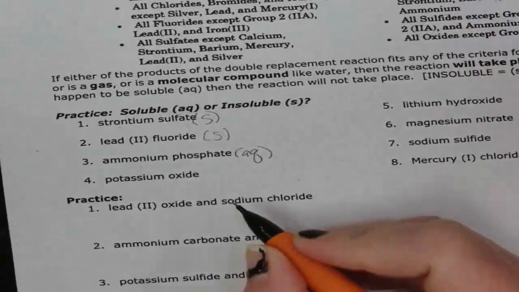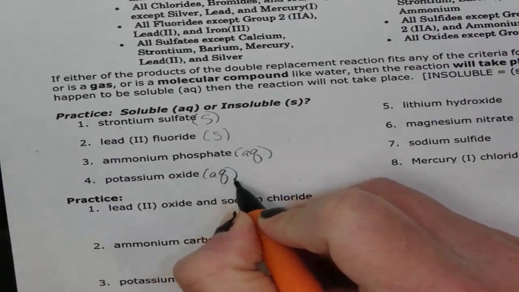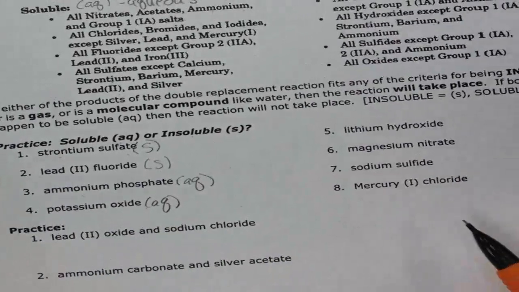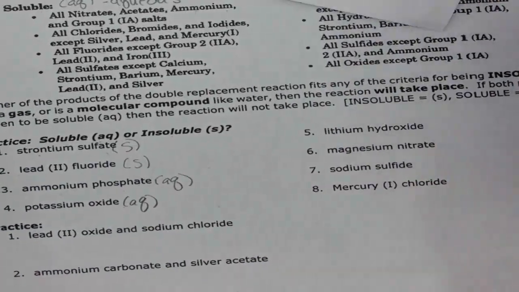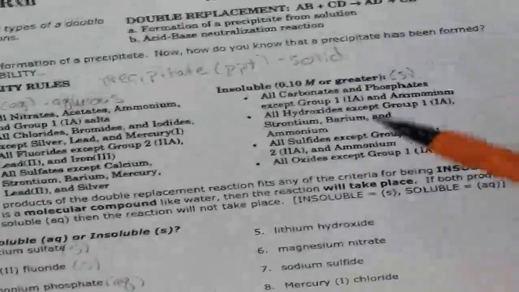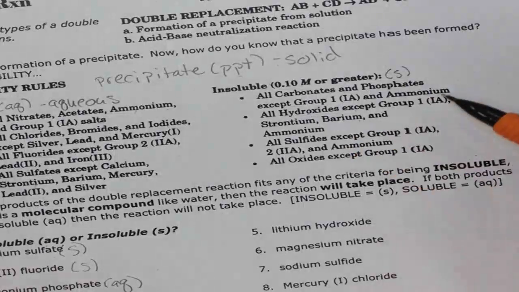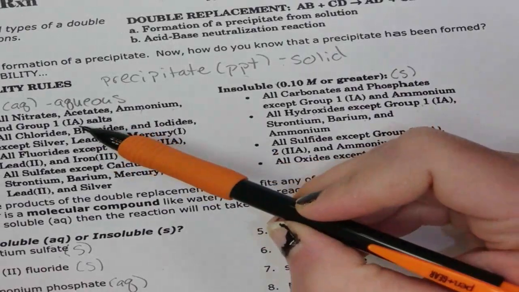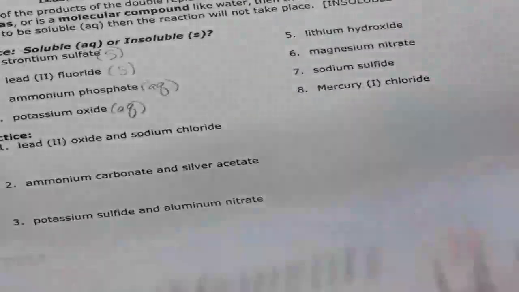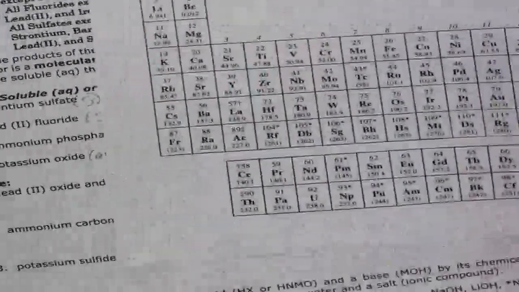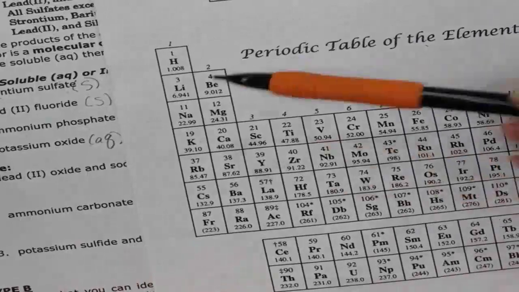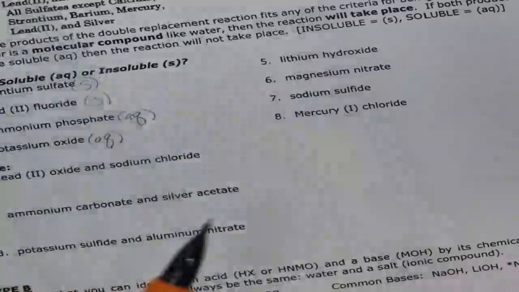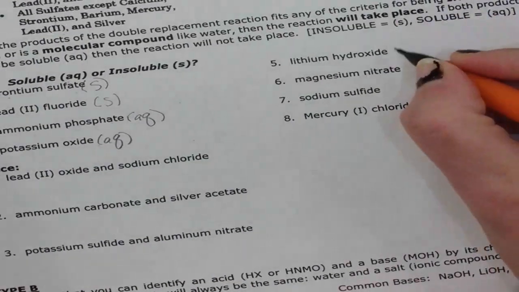So we would write AQ for aqueous. Lithium is also a group 1A. So even though hydroxides are insoluble, group 1A is always soluble. So when we look here, lithium is in group 1A, as you can see on your periodic table. So it is aqueous.